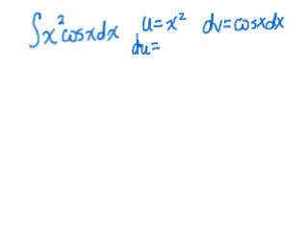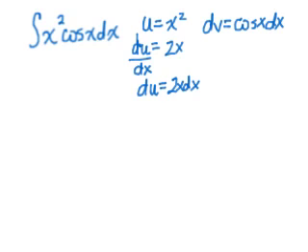Now, we're going to take the derivative of u, which is du over dx, and that gives us 2x. But I really just want du, and that gives me 2x dx. Okay? And then the antiderivative of cosine, that's sine. So we're going to substitute this into our equation.